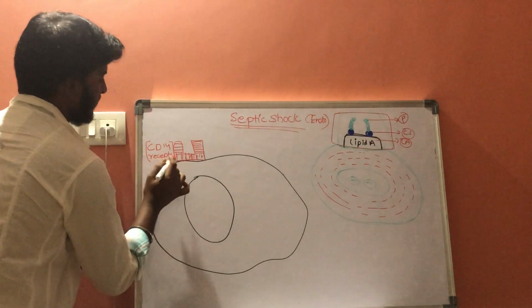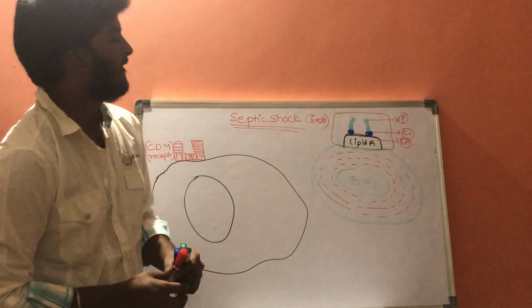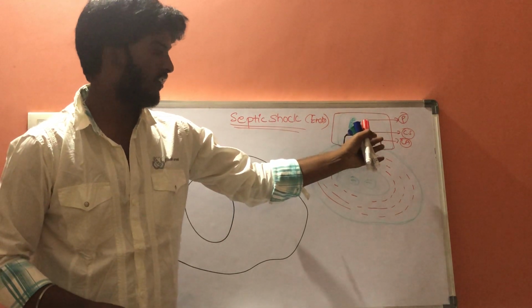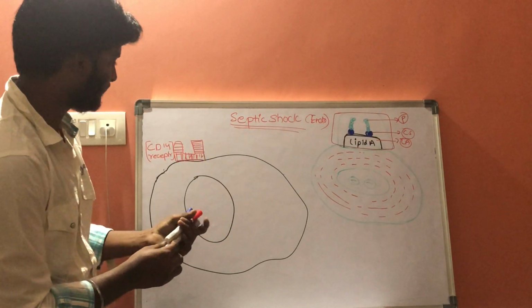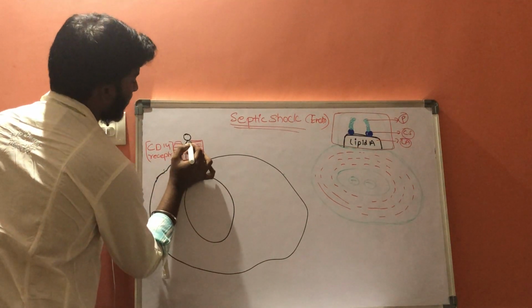The name of this receptor is the CD14 receptor. Now this lipopolysaccharide will reach the receptor. Let us consider this is lipopolysaccharide.